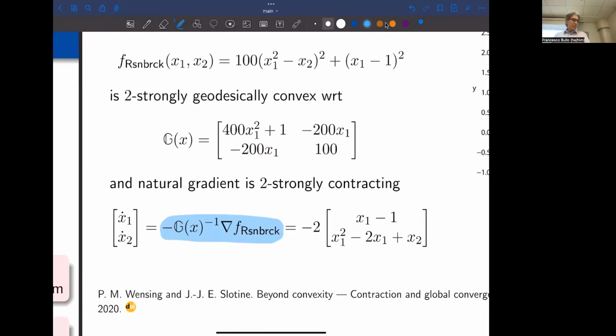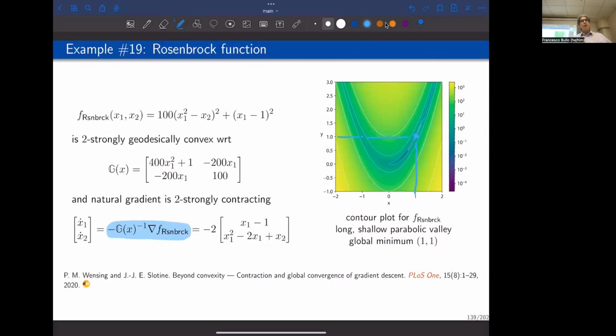Because the Rosenbrock function is geodesically convex with respect to that particular Riemannian metric that I wrote, this G of X matrix, as you see, is not constant. It depends upon x1. Well, then I am delighted to inform you that the natural gradient is globally strongly contracting in a geodesic sense, and it has a unique global minimum to which all solutions converge exponentially fast, and so on.